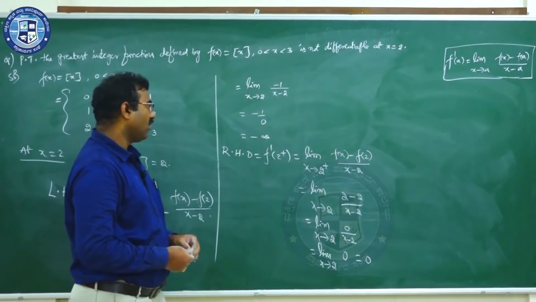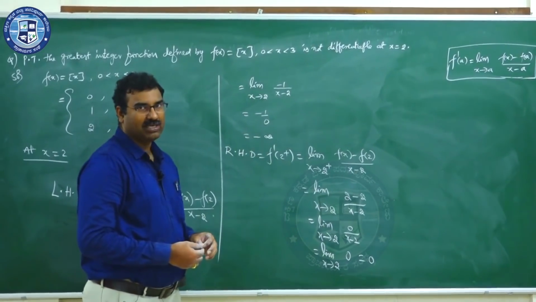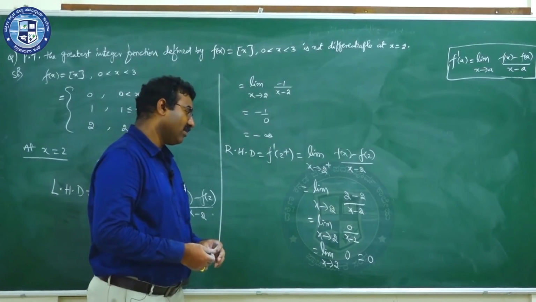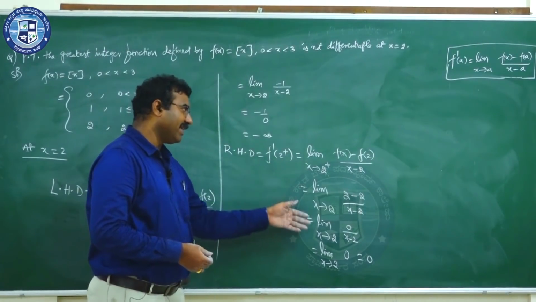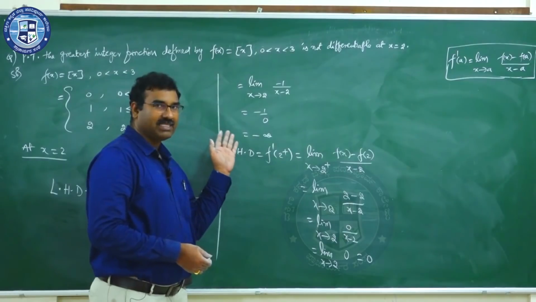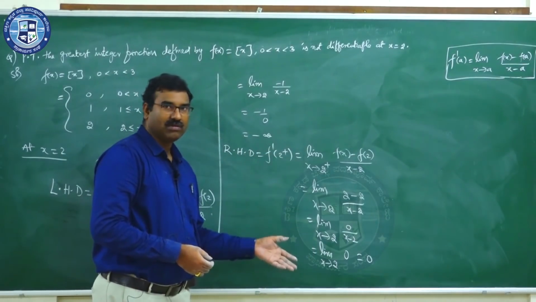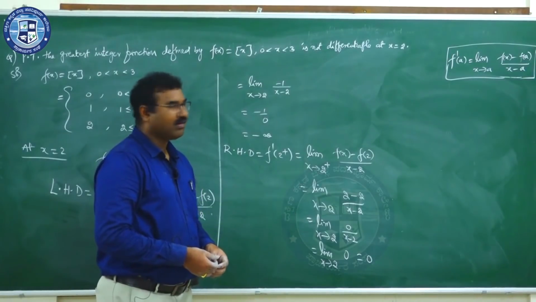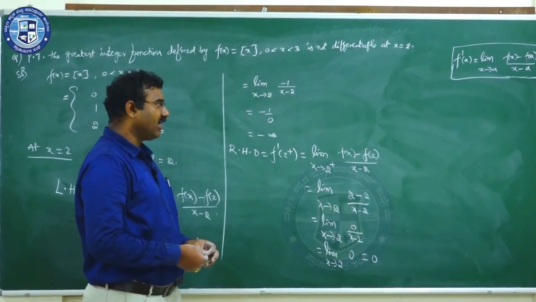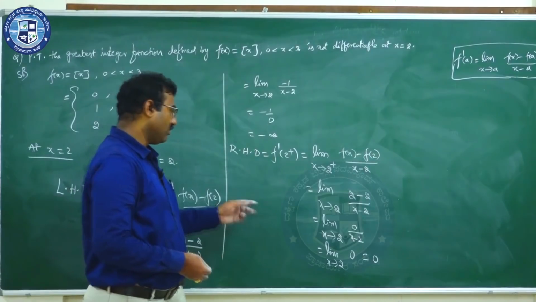Okay. So limit is not defined now. So that means left hand derivative is minus infinity and right hand derivative you got 0. So that's why we can say the function is not differentiable at x equal to 2. Okay.